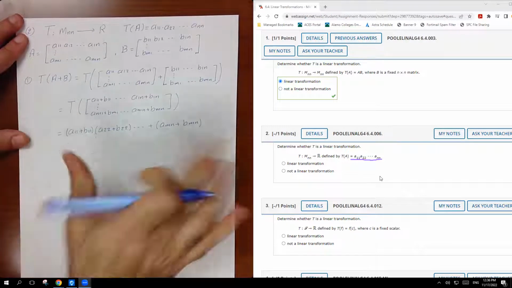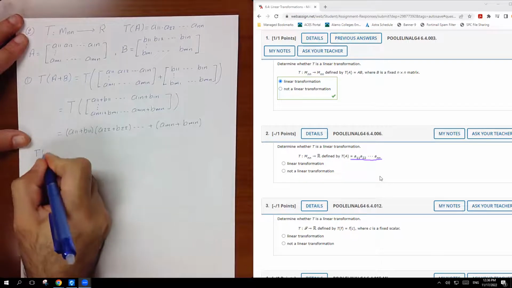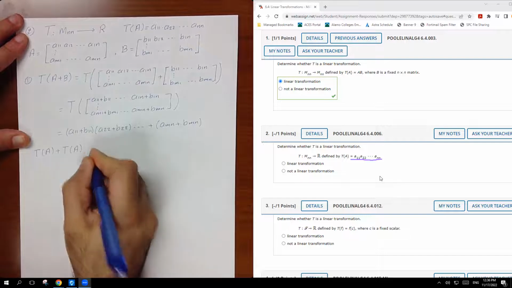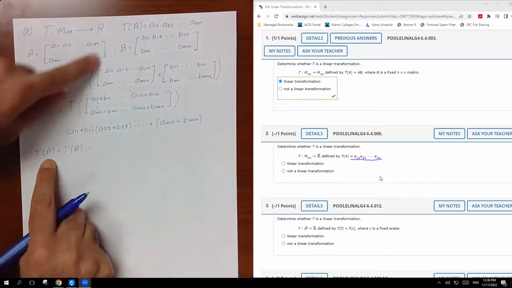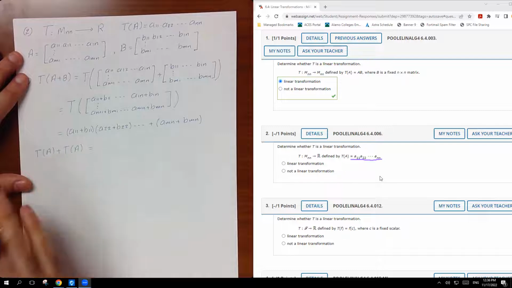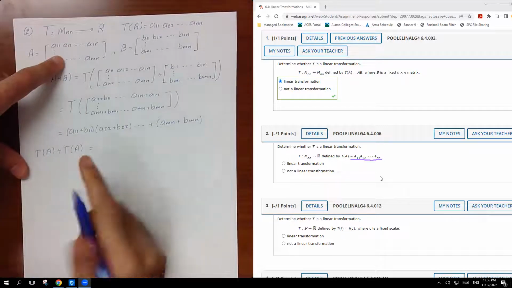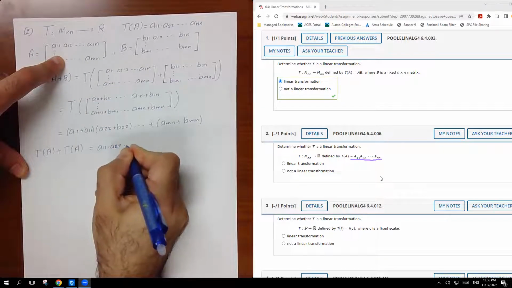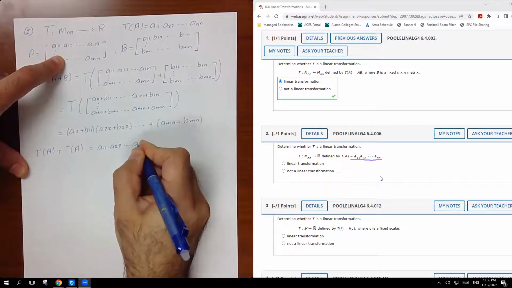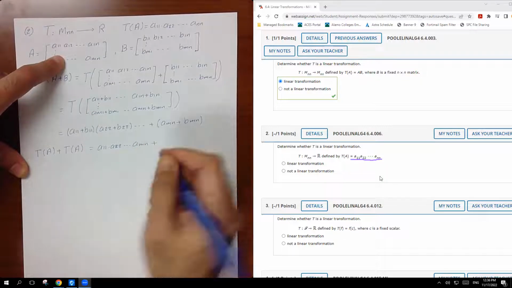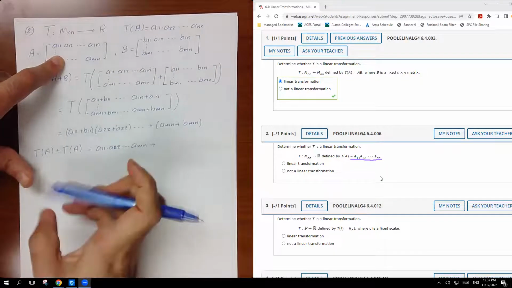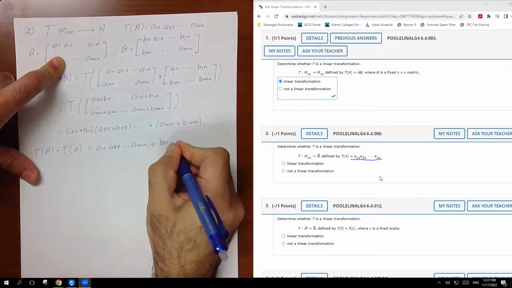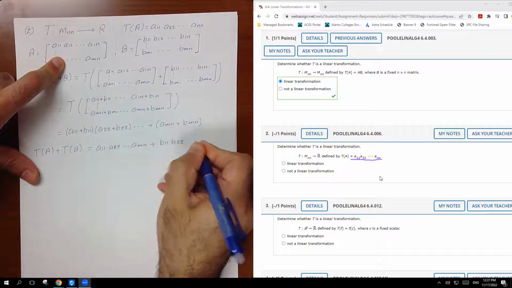For the second side, we need to prove that it equals the transformation of the matrix A plus the transformation of the matrix B. Here is the matrix A. If you want to write it down, if you want to do just the transformation, it's fine. The transformation for this matrix is going to be A11 times A22 and so on until Amn, plus the transformation of matrix B, not A, which is going to be B11 times B22, and so on until Bmn.